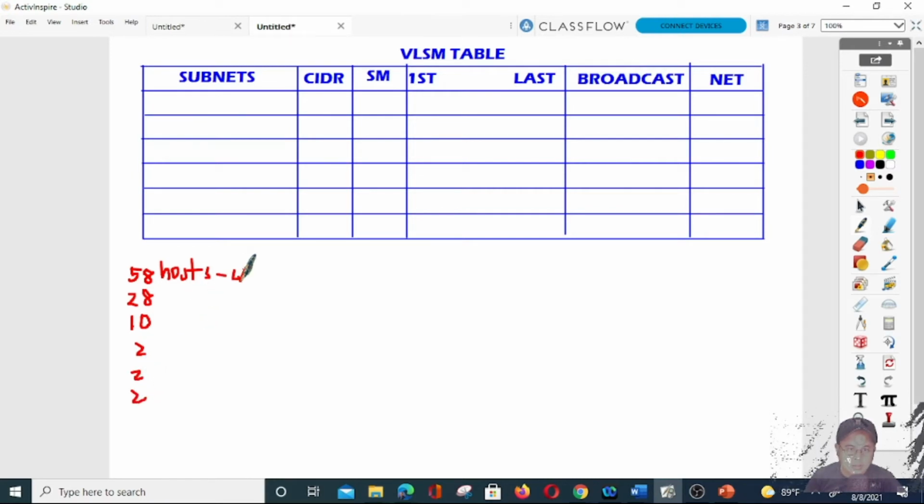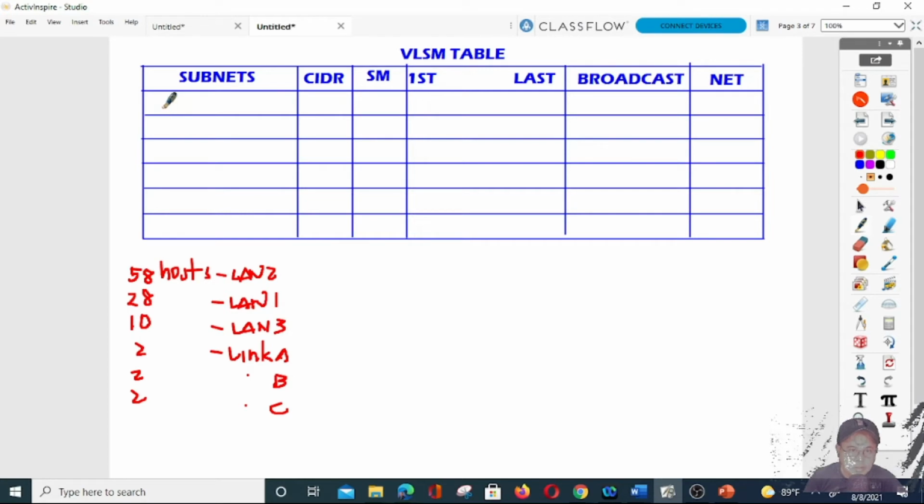This is LAN 1, LAN 3, and then these are the links: link A, link B, and link C. That is our requirements. So we need to arrange our requirements according to the number of hosts, starting from highest.